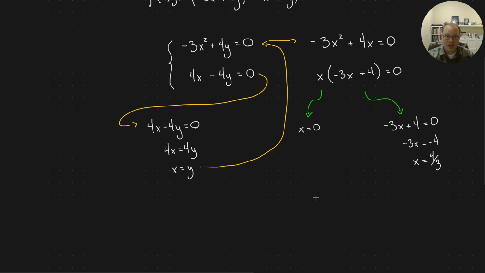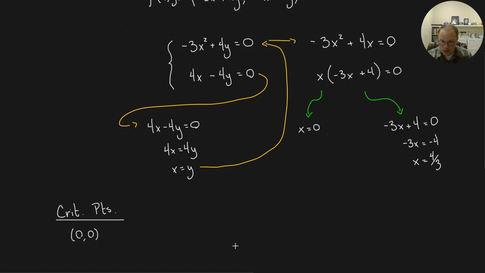I need the xy pairs, though, right? So for that, I'm going to go back to my substitution. I know x and y have to be equal for any point that makes this system of equations true. So my critical points here, the points that solve this system, that make the gradient equal to 0, are going to be when x is 0, and according to this, since y has to be x, y also has to be 0.